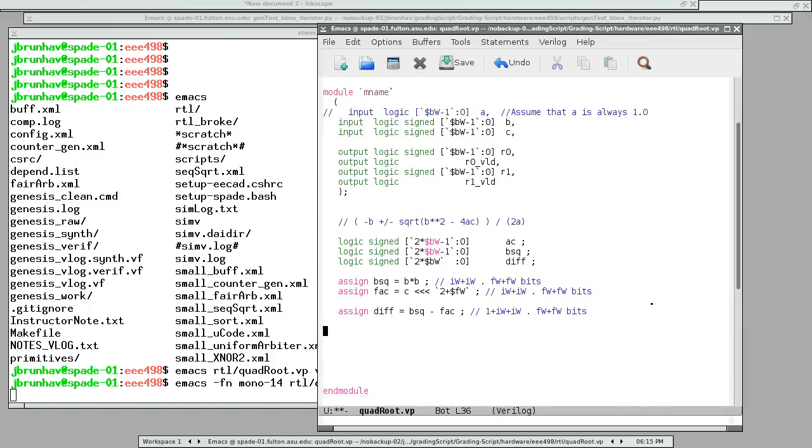So here's where we can ask the question, well, let's say that R1 valid is always going to be our second root if we're having a second root, and the only way we have a second root is if diff is greater than 0. Seems fair.